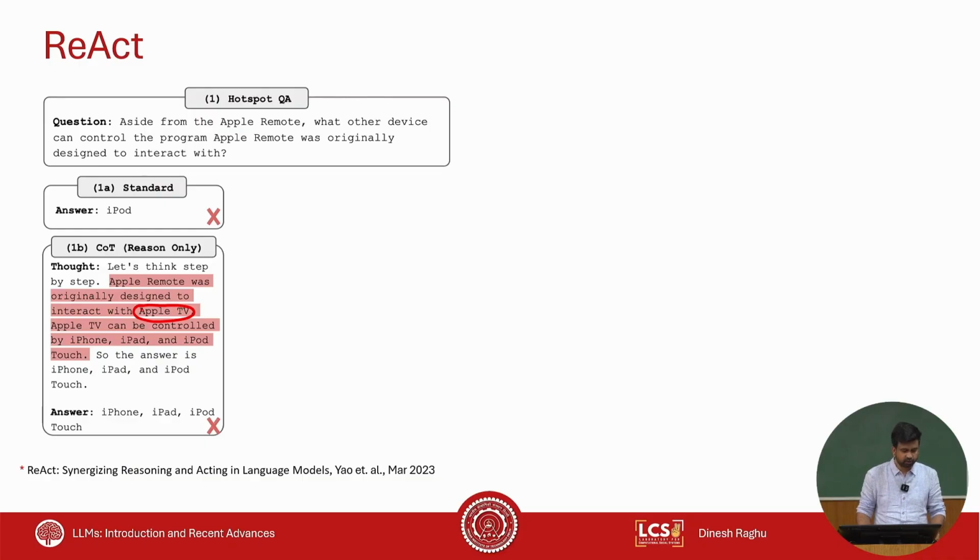So it probably assumed that since Apple has a TV, Apple Remote would most likely be for Apple TV, but probably the part that Apple TV can be controlled by other Apple products could be true, right? So most likely the reasoning is reasonable, right? But it doesn't seem to arrive at the right answer.